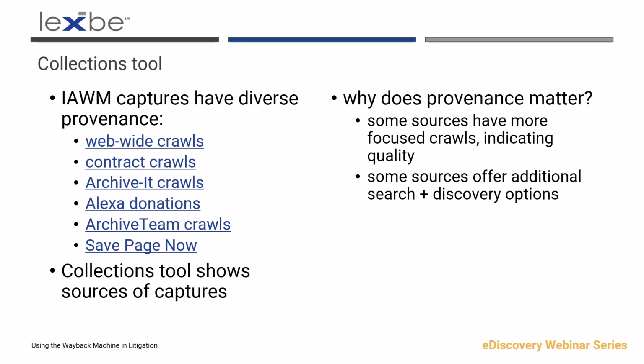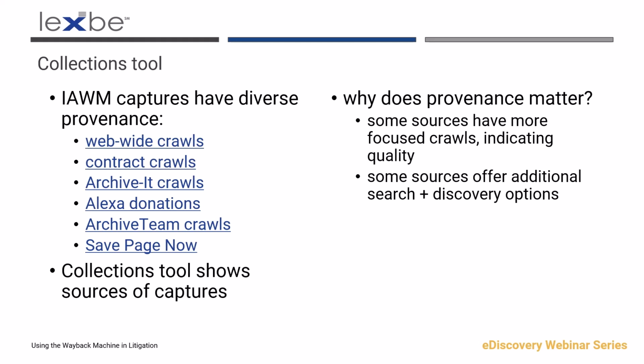These include contract web archiving carried out on behalf of national libraries, web content collections curated by hundreds of partner institutions, donations of content from search engine partners, crowdsourced crawls from an affiliated activist archivist community, and atomized web resources archived on demand by individual users. The Collections tool shows which of these and other sources account for which subset of captures in the overall timeline for a given web address.